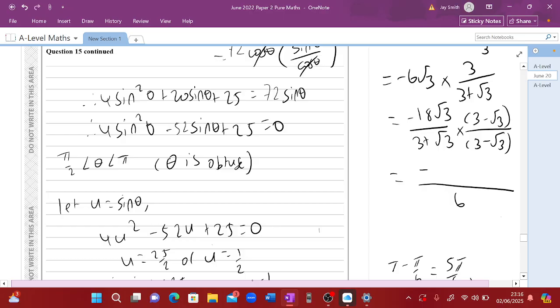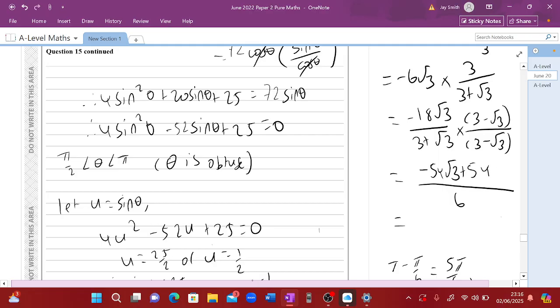Oh god, what's going on here? And then minus root 3 times minus 18 root 3 is going to be plus 18 lots of 3. Okay, and that will go to minus 54, oh yeah, so that would be plus 54.